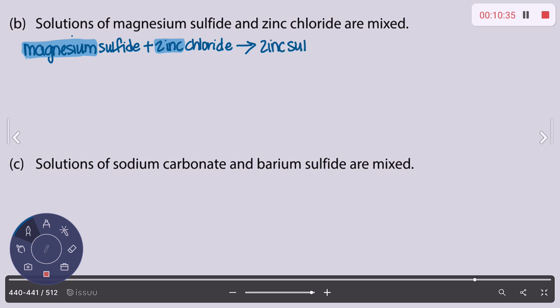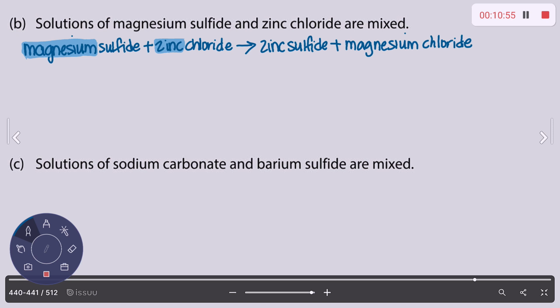Zinc sulfide and magnesium chloride. Okay. Now let's look at the periodic table. Let's get the symbols and their charges and figure out how to write their chemical formulas.